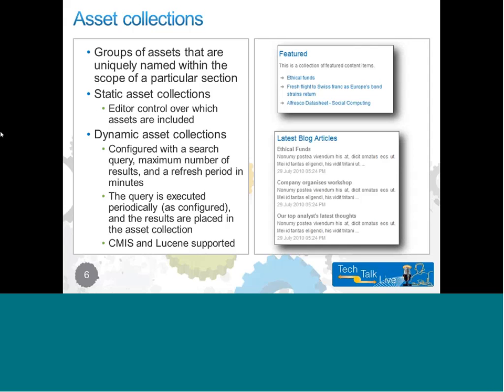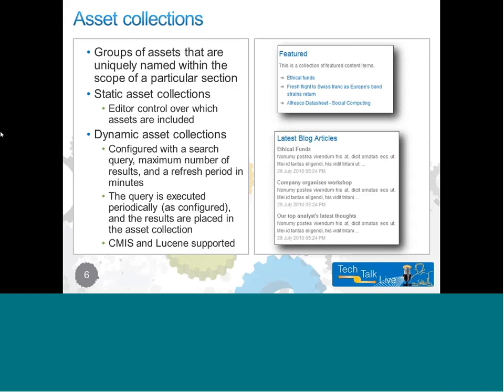There are two different types of asset collection: a static asset collection and a dynamic asset collection. A static asset collection is one in which the user of Share, the editor of the site, decides which assets are going to go into that collection, and they create those associations between the collection and the assets themselves. So it's a sort of manual process.